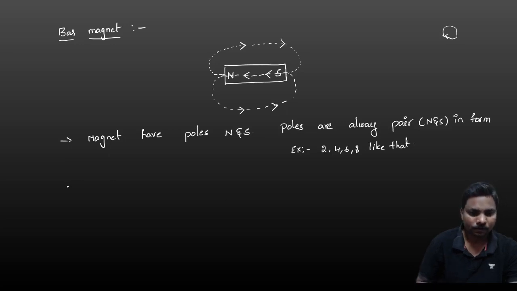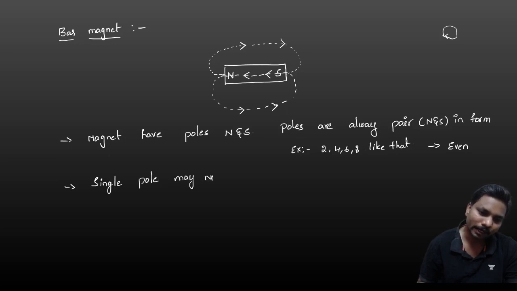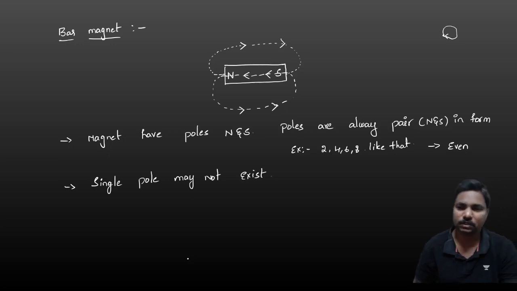So poles are always even. A single pole may not exist. That means only south or only north may not exist.